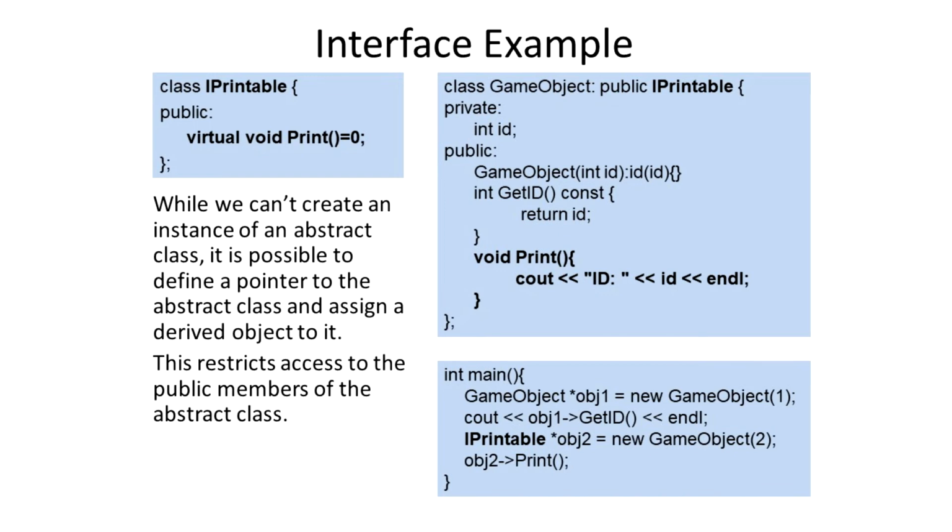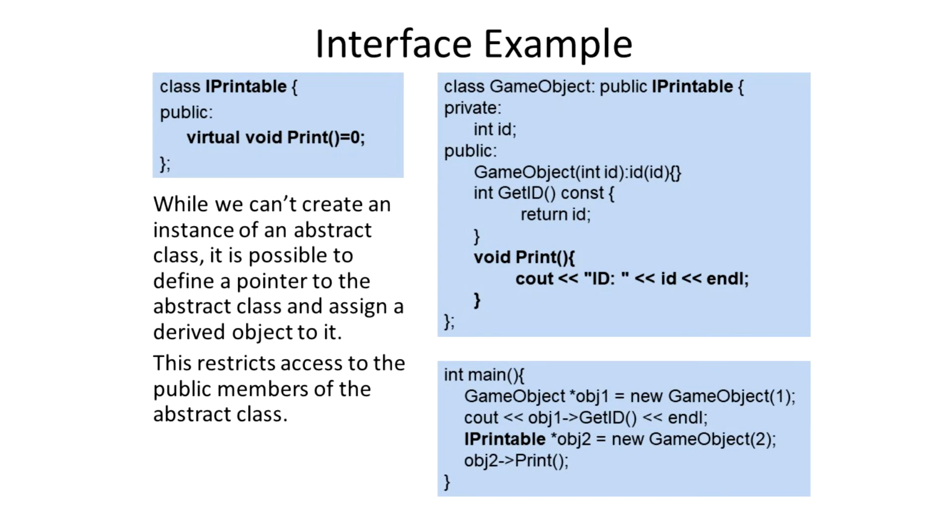Okay, and it too has a print function, which is of the same name and same signature as the abstract version in the parent iPrintable. So therefore, in the main, what we can do is we can create an object of the child, as you see here. It's a dynamic object, game object, pointer obj1, which points to a memory address of the game object, and then call getID, which would actually perform the same thing as the print because we're actually passing that to the cout.